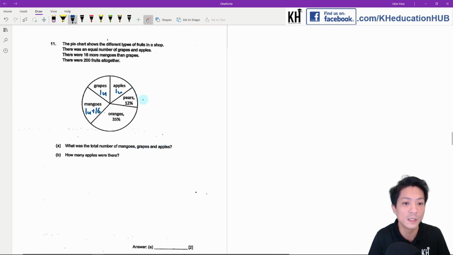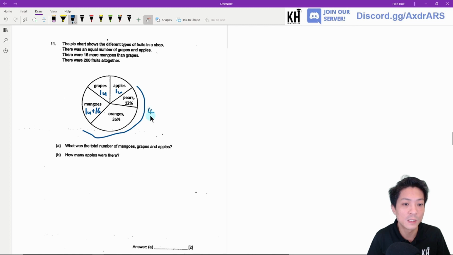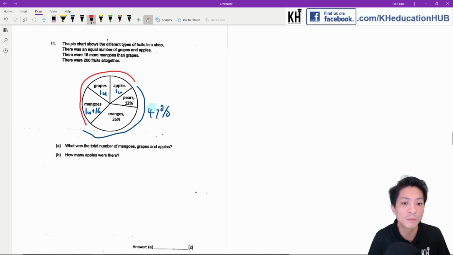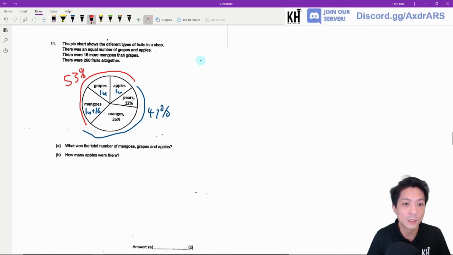So we can see that here to here is 35 plus 12, which is 47%. Which means that here to here is 100 minus 47, which will give you 53%. So we just need to find what is 53%.